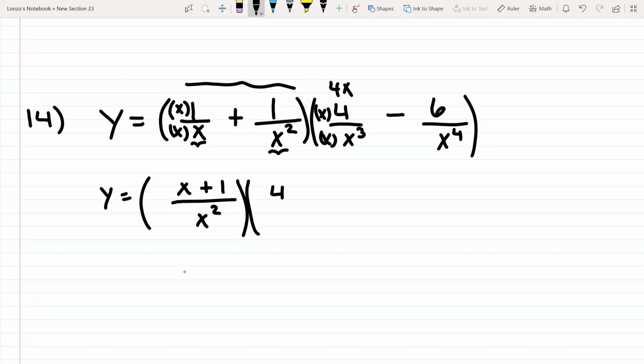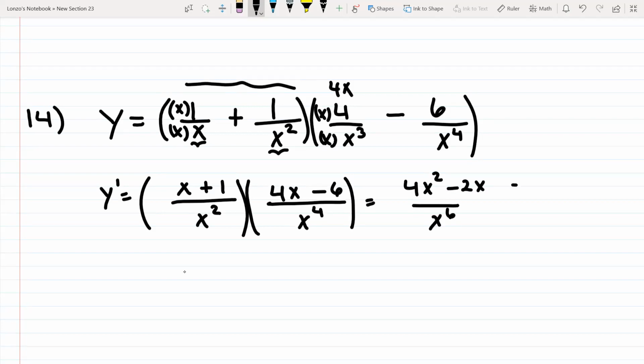So that would be 4x minus 6 over x to the 4th. And what would I do next? I would clean this up. So when you're multiplying fractions, you multiply across. So x squared times x to the 4th is x to the 6th. And then when you FOIL out the numerator, you get 4x squared minus 2x minus 6, right?